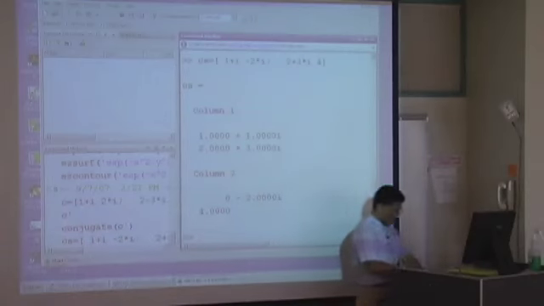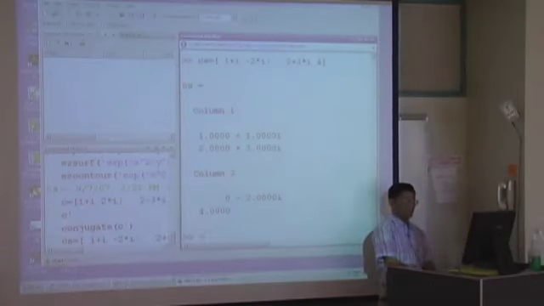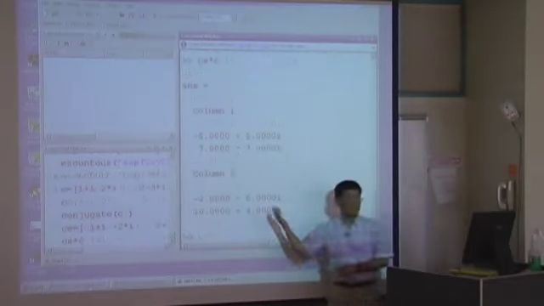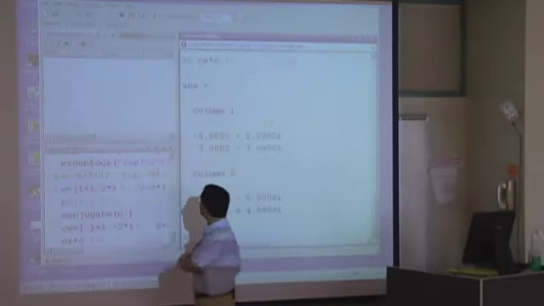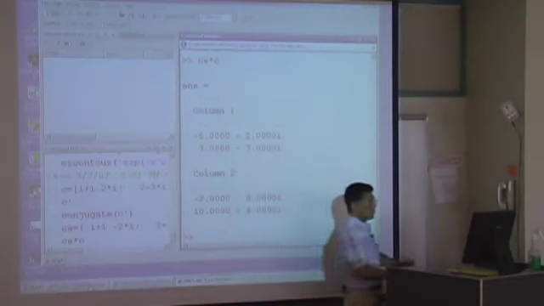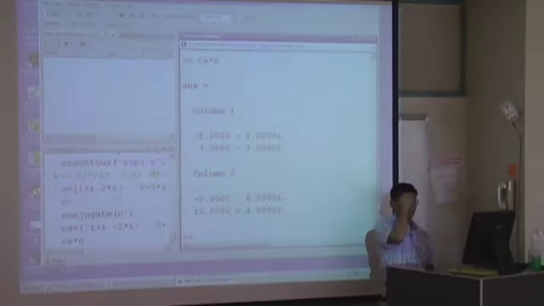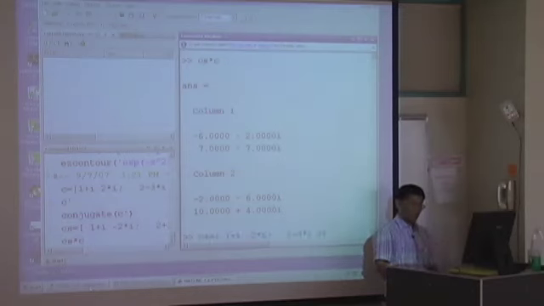Then let's do the calculation. C star multiplied by C is given here. So this is the matrix. Now, this is very strange. Why do we get this? I see, I might have made a mistake. C star is defined this way, right?